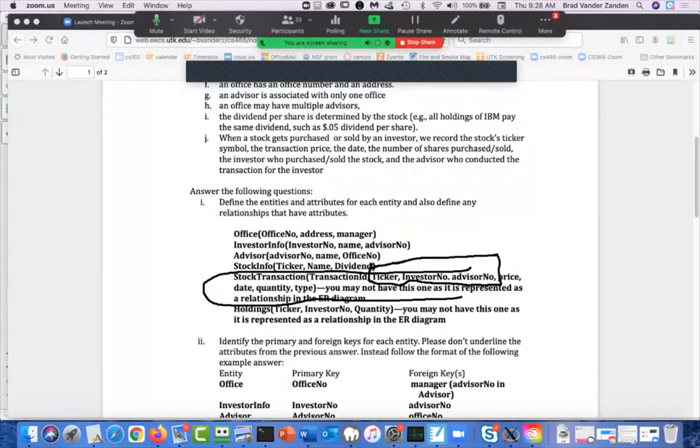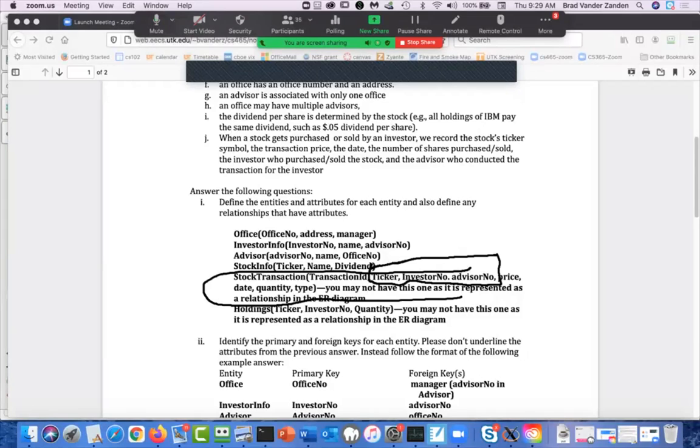Perhaps that's indicative of the fact that it is a relationship and not an entity. The fact that it's bristling with all these foreign keys often means that it is a relationship. So that might tip you off. Sometimes you go back and forth between creating relations that you're going to store physically in the database and your ER diagram.